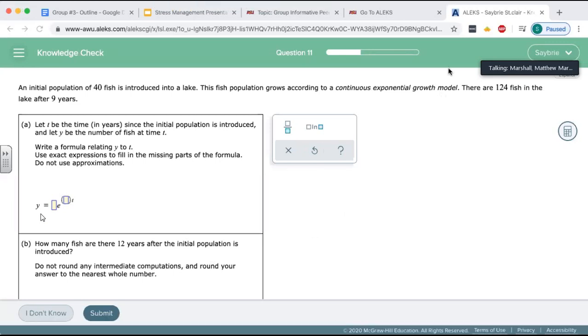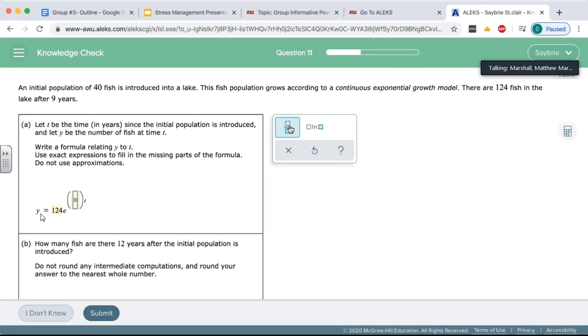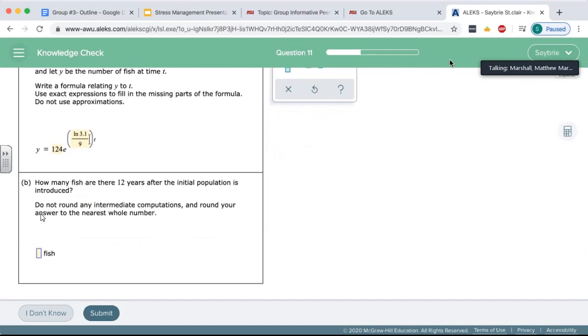So that first one is what, 124, and in there you want to use that fraction one, over 9. And then the bottom one, you'll use that calculator over there for sure.